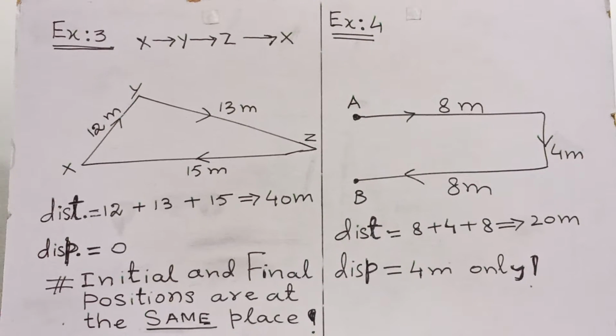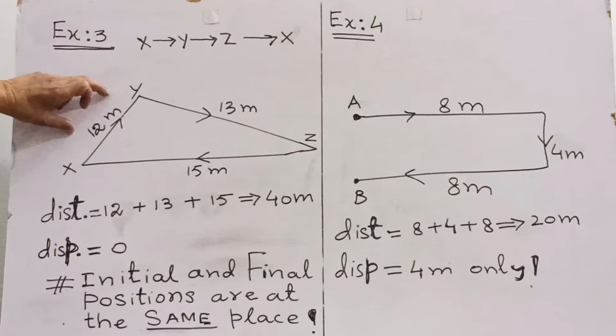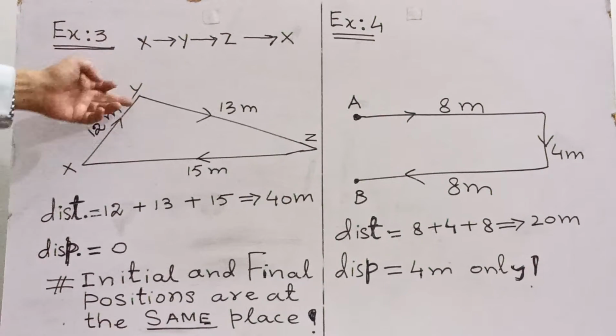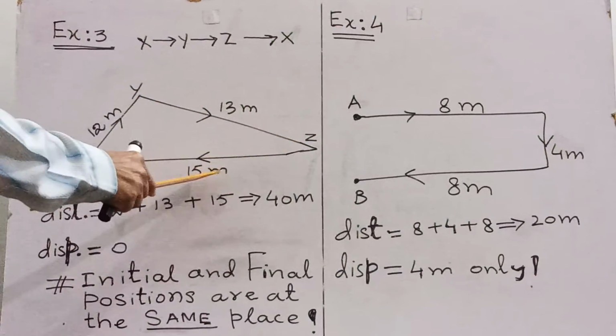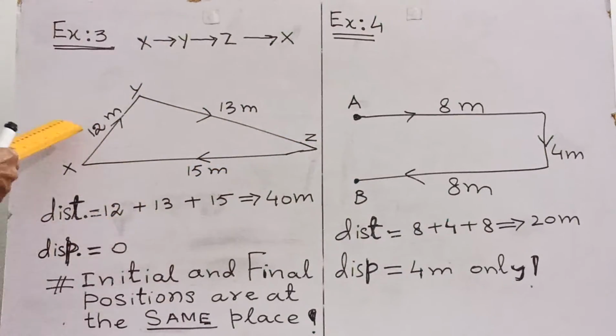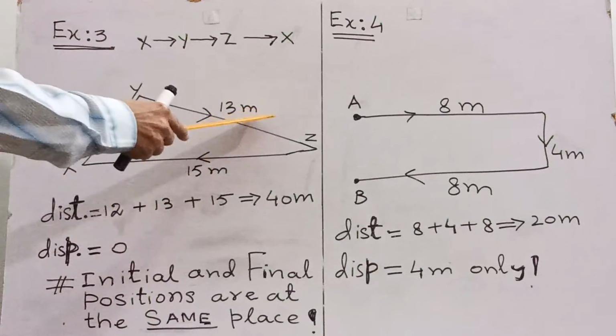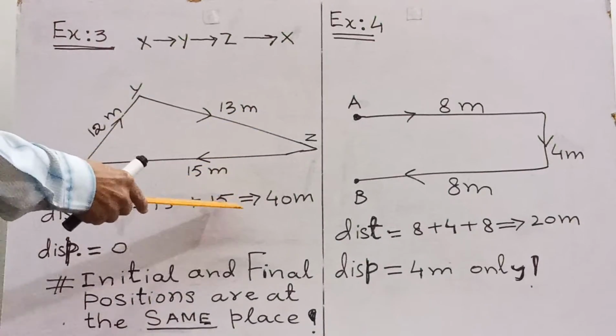So for the distance covered, remember the definition of distance, and that is defined as the length of the path covered. So the length of the path covered is 12 meter here, then 13 meter, and then 15 meter. Hence 12, this 12 meter, 13, this 13 meter, and 15, this 15 meter.